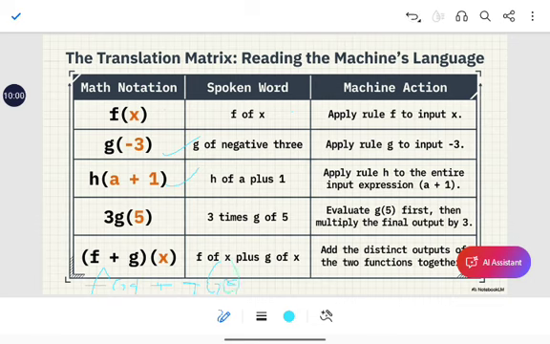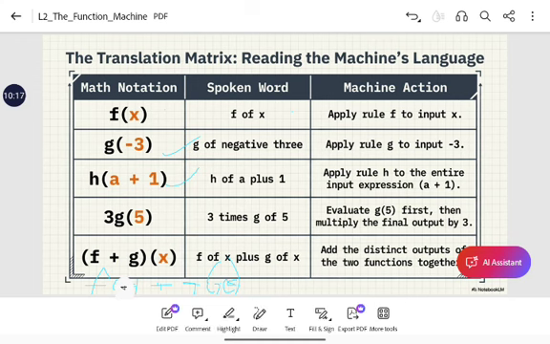There's a shorter way of writing it. What does it mean? Add the outputs of the two functions together. So solve g of x, solve f of x, and you put their results together.